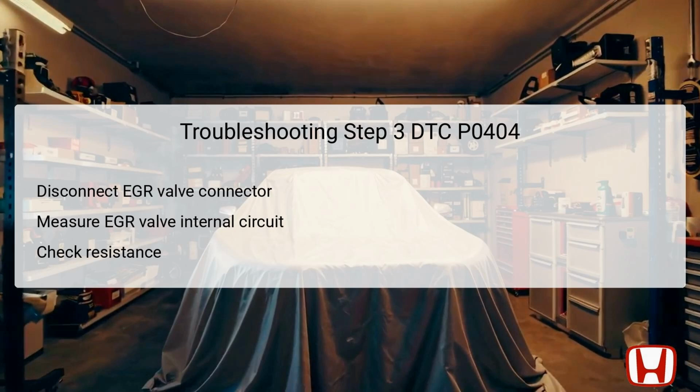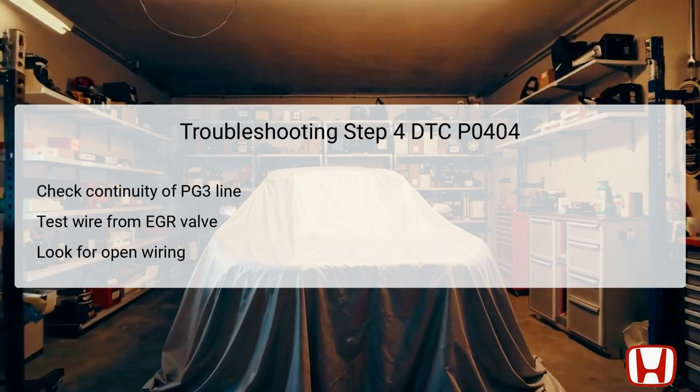Using the previously defined test points, measure the resistance again between test points 1 and 2, where test point 1 refers to number 2 of the EGR valve connector and test point 2 refers to number 4. The resistance should also be above 100 kiloohms. If the reading meets this criterion, this indicates a potentially defective EGR valve, which may warrant replacement. In contrast, if the resistance reading fails to meet that threshold, continue to step 4.